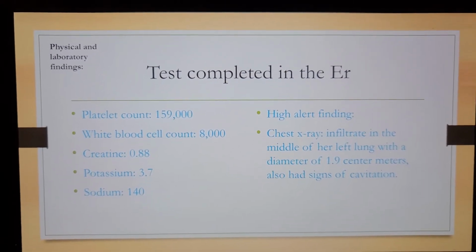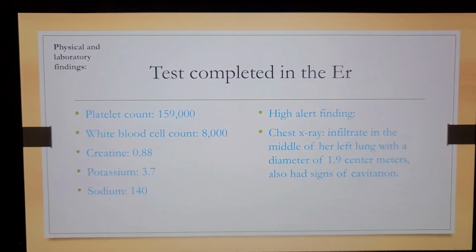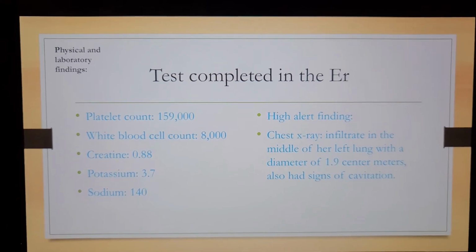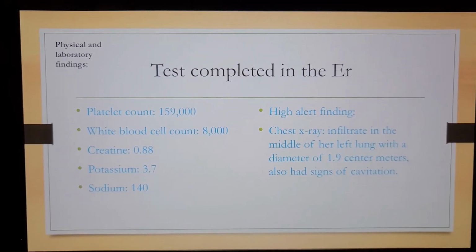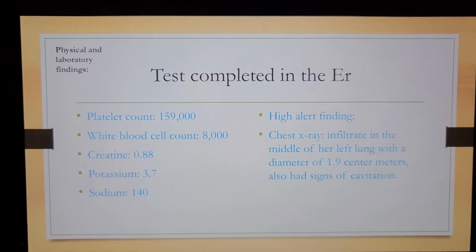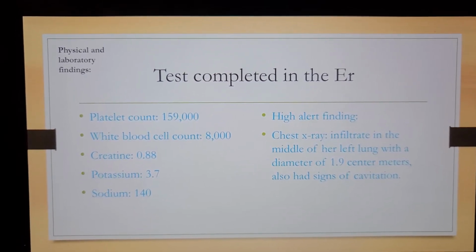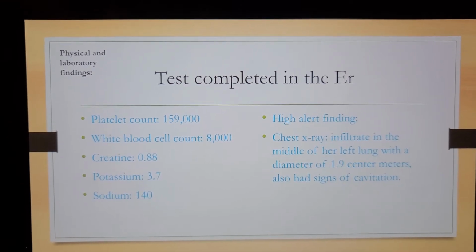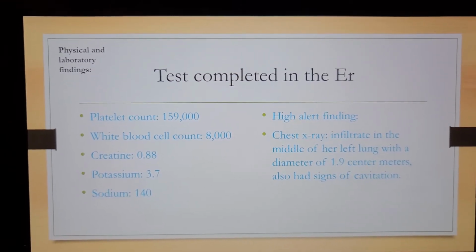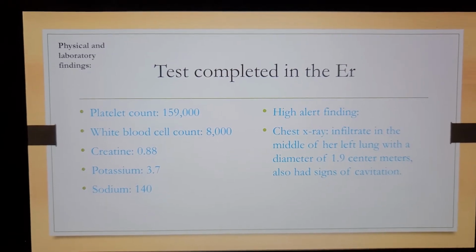All of these tests and vitals were in normal range and not high alert to the doctors or nurses. A high alert finding, though, was when the doctor ordered a chest x-ray, and in Olivia's, it was shown that it was infiltrated in the middle of her left lung with a diameter of 1.9 centimeters, which had also signs of cavitation.